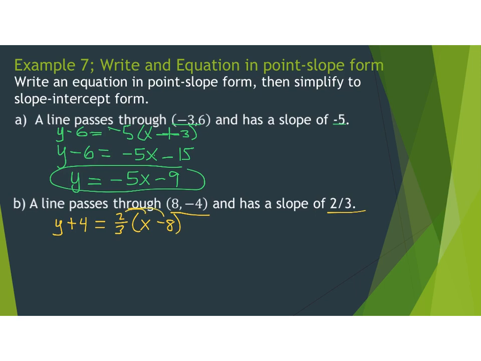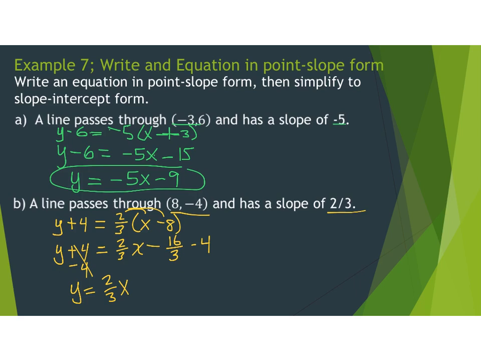So I distribute here, and we have y plus 4 equals 2/3 x minus 2 times 8 is 16 over 3, multiplying by a fraction. So I subtract the 4 over to get the y by itself, and I have y equals 2/3 x.